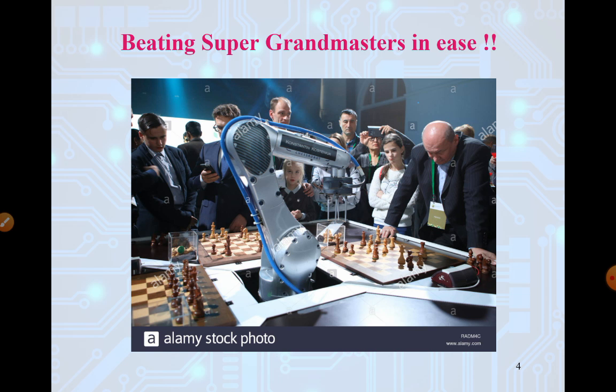This is true. Stockfish was one of the world's best programs, which can beat any world champion with ease. And now we have another deep learning based AI, AlphaZero, which can beat even Stockfish in no time.